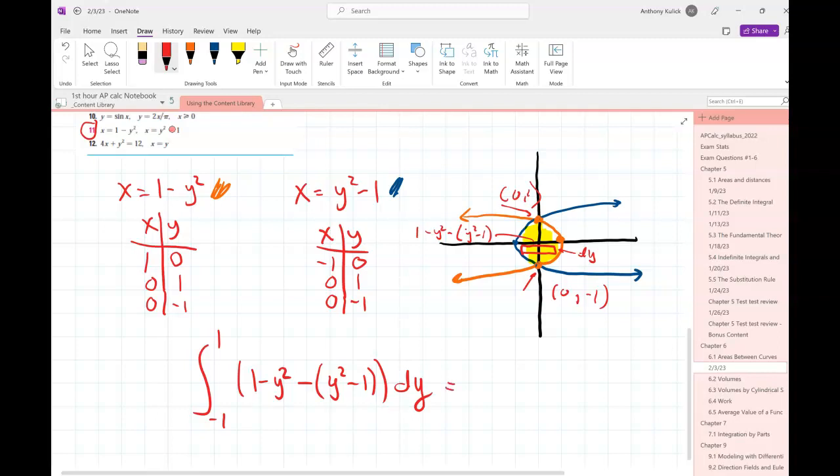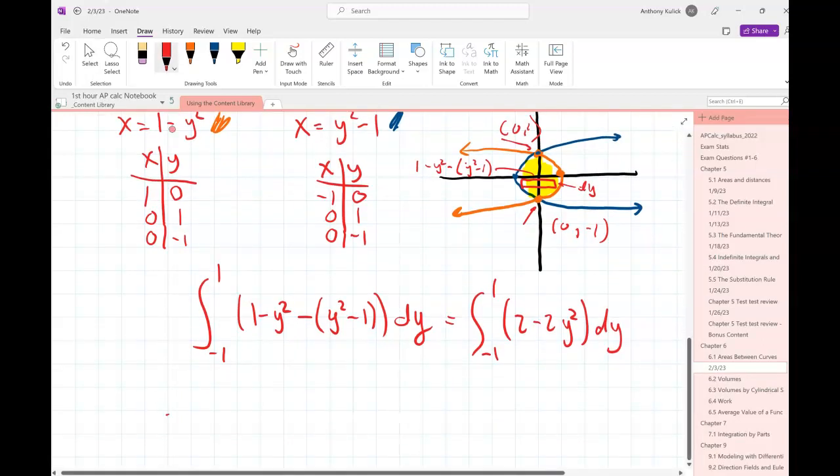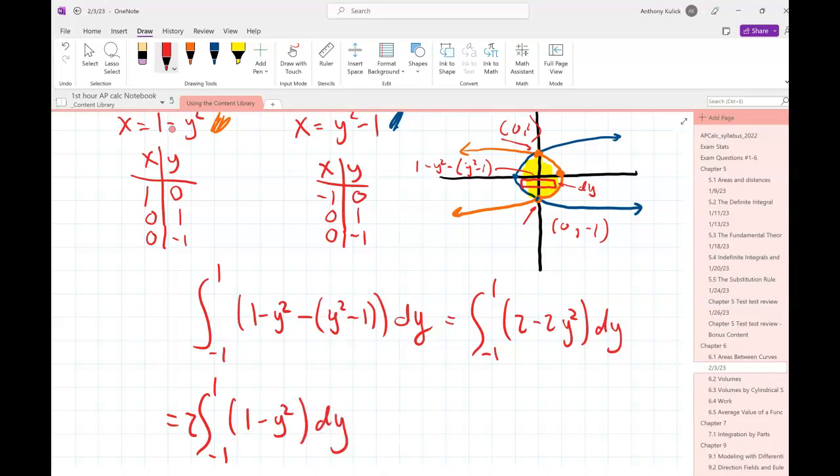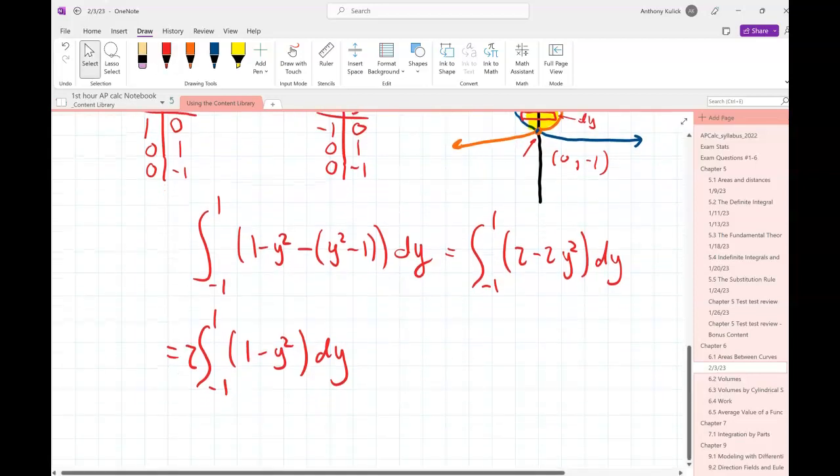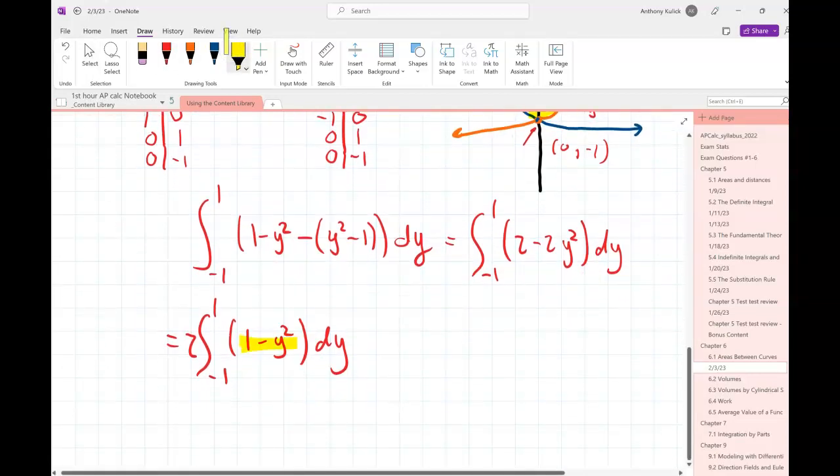If we simplify things down inside there, we end up with 2 minus 2y squared. So we can pull out a factor of 2. And if you wanted to, you might notice that 1 minus y squared is an even function with bounds that are opposites.